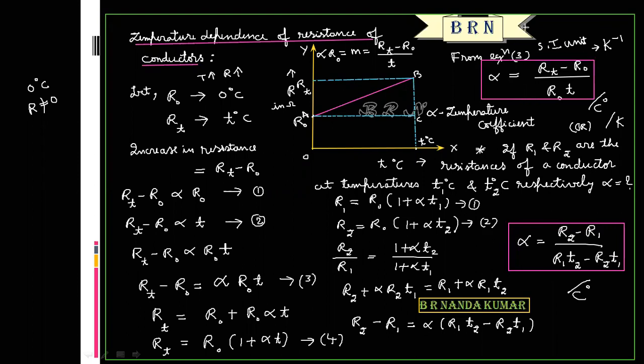What is the meaning of temperature coefficient of resistance of a conductor? It means the ratio of increase in resistance per unit original resistance per degree rise in temperature.